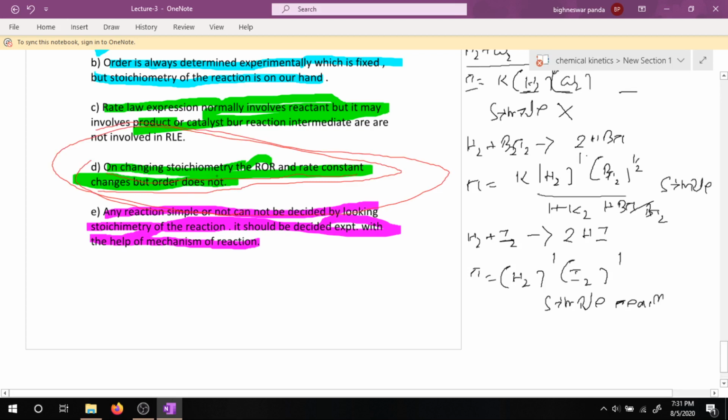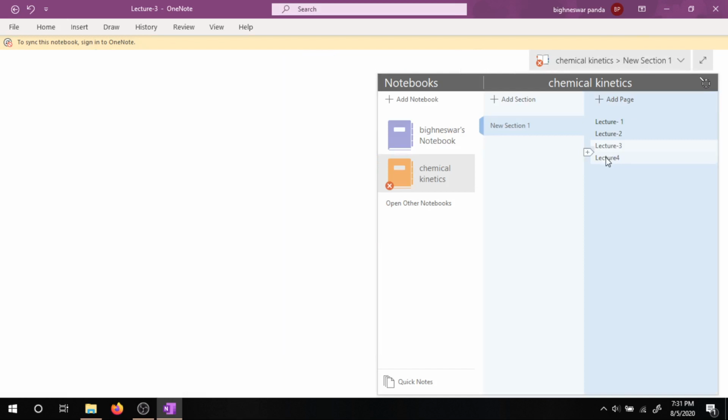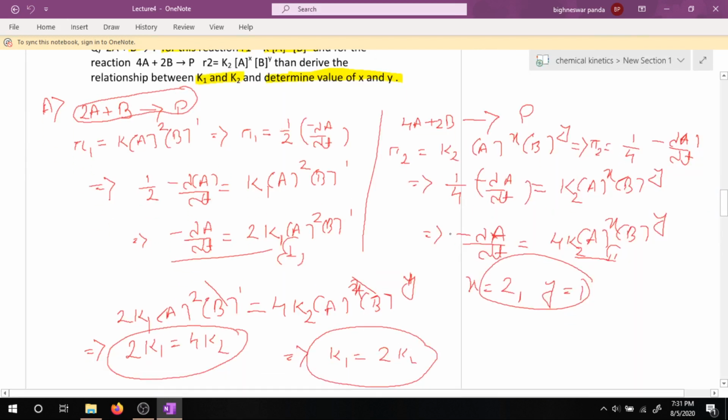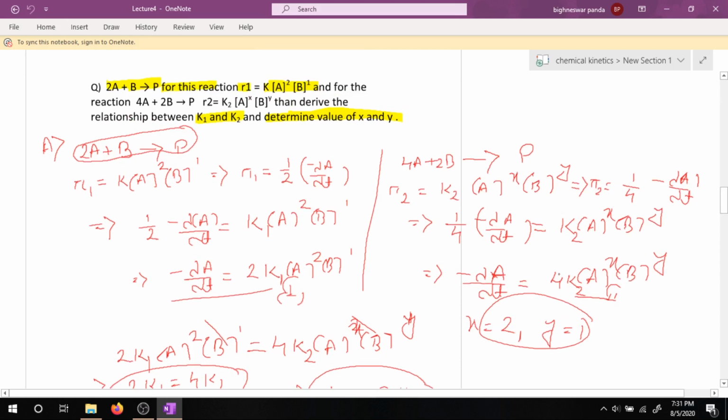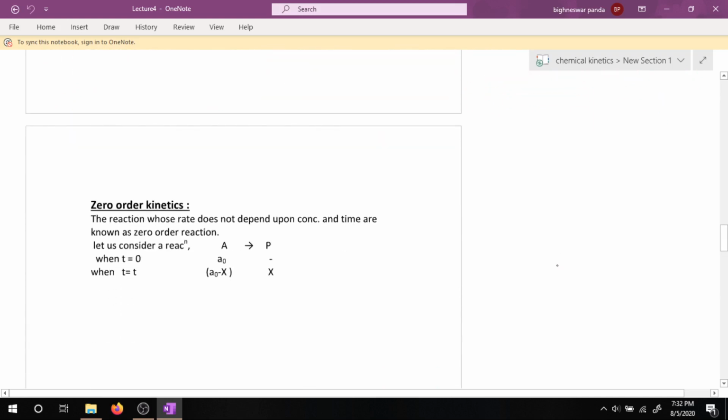Remember this part. So here, by changing stoichiometry, I have put the same value of order: x is equal to 2, that is order with respect to A, and y is equal to 1, that is order with respect to B. So these are the two problems.